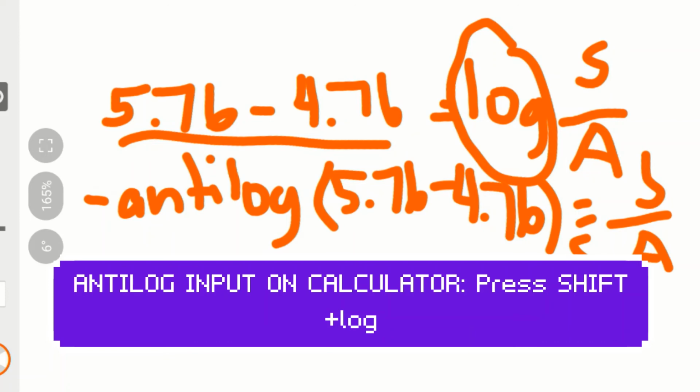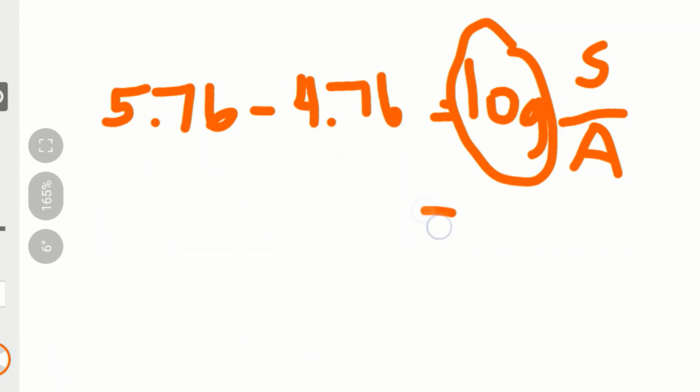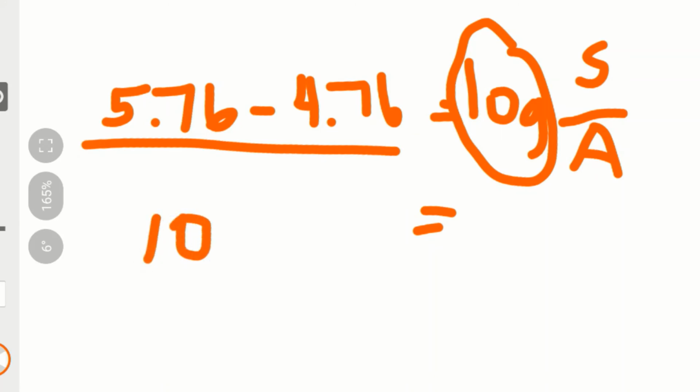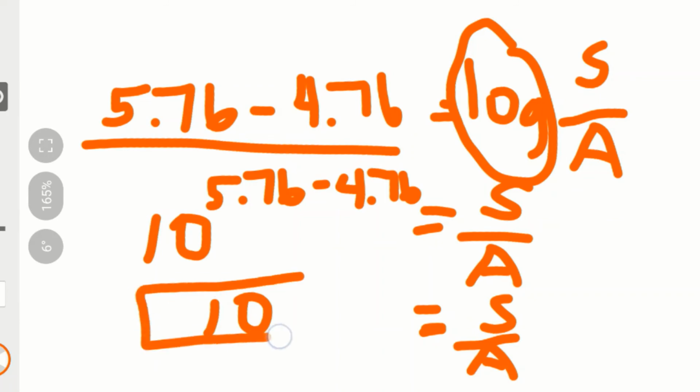Okay? So if you don't want to use the antilog, what you would do is to raise it, you exponentiate it to a base of 10, so it will become 10 raised to 5.76 minus 4.76 is equal to S over A. When you look at it like that, it would still give you a 10 ratio of S over A. So 10 salt is to 1 of your acid. The 1 is constant, guys.